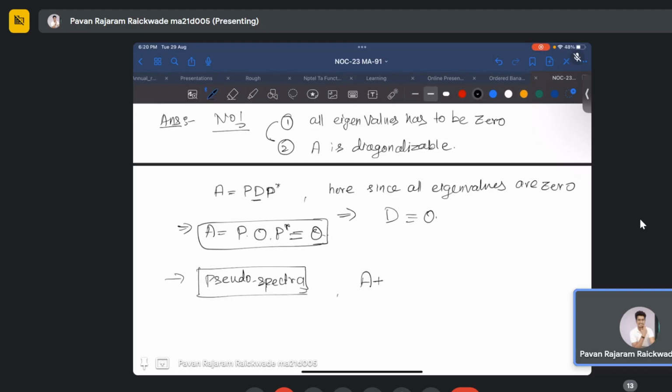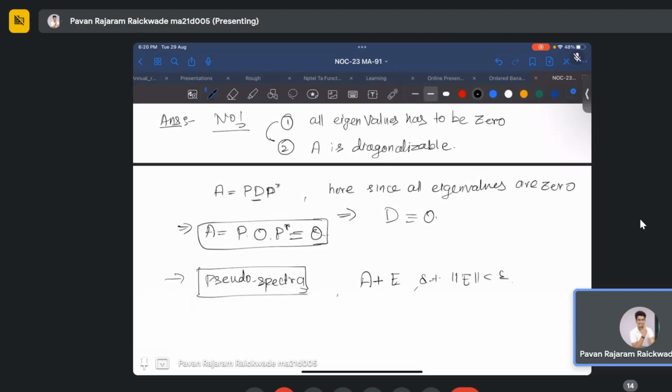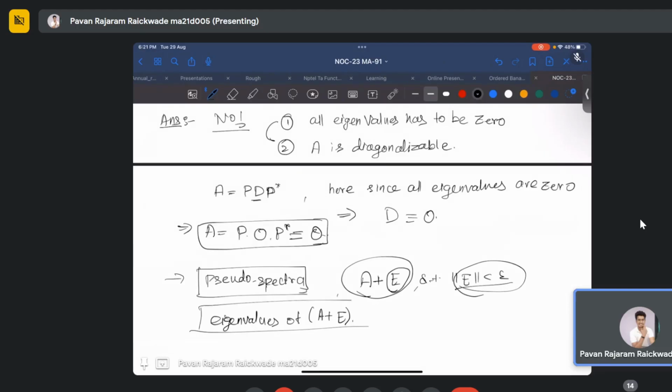For any matrix A, you take some arbitrary small perturbation E such that the norm of E is strictly less than epsilon, and then you find the eigenvalues of A plus E. So what that means is, if you add a small matrix to your matrix, how much do the eigenvalues fluctuate? Are those eigenvalues the same as those of A, or how much difference does it make?